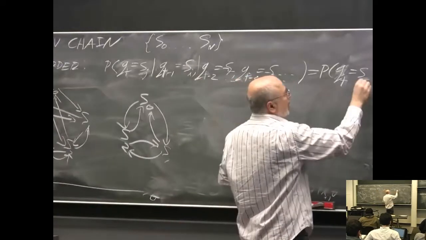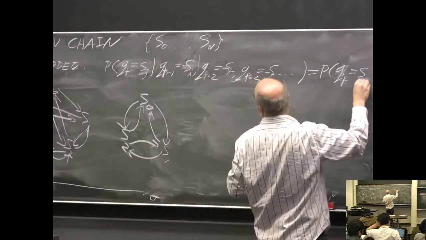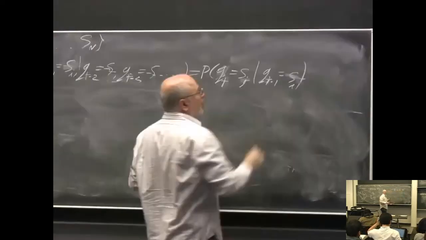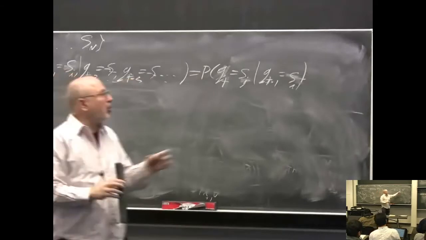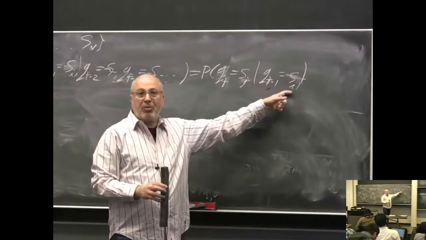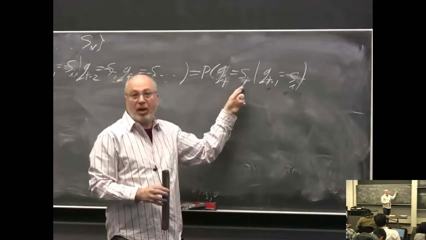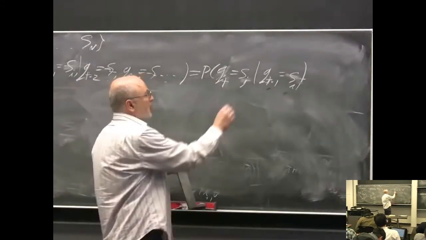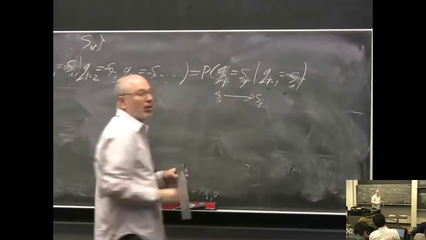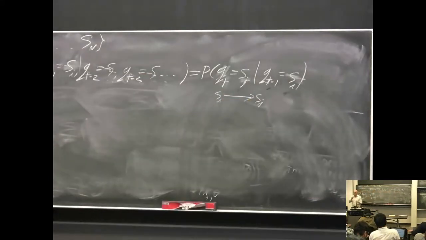It only depends on this j and this si. So the only thing I need to capture is the probability that given that at time t minus 1 I was in state i, I'll be in state j at time t. So this captures the transition from state Si to state Sj. I will call these the transition probabilities.